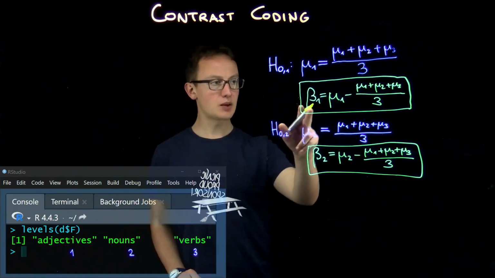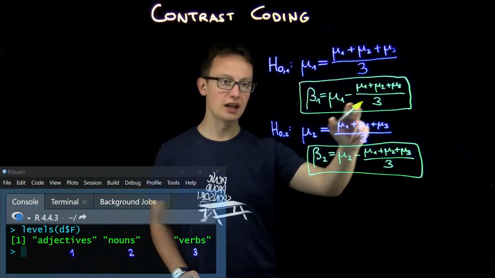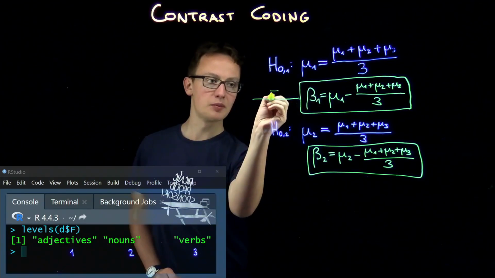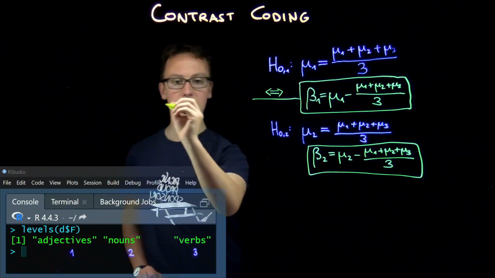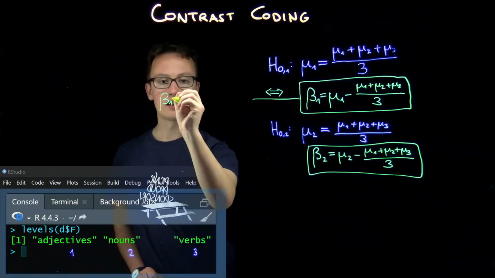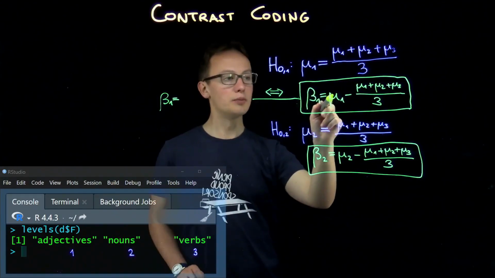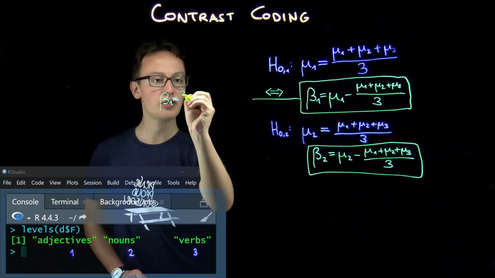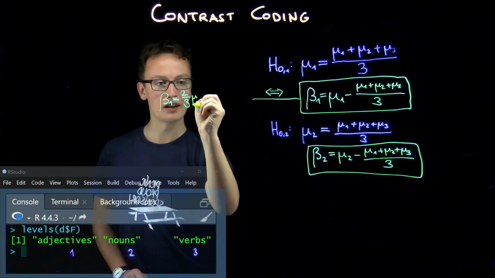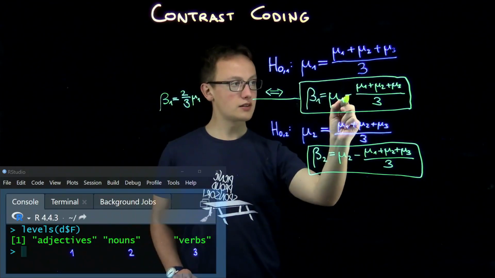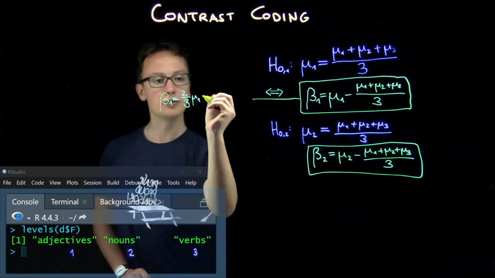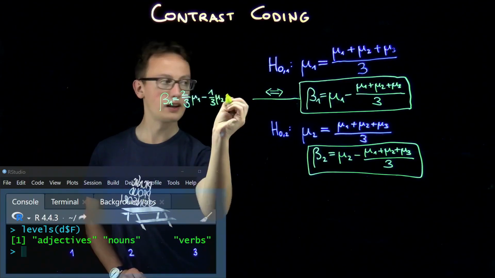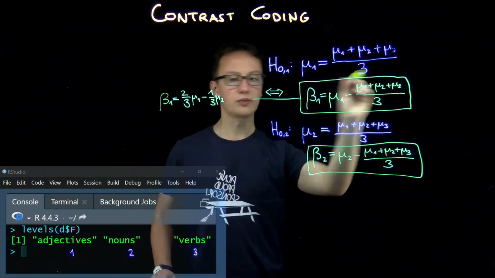Instead of writing beta 1 as mu1 minus the grand mean, I could equivalently, using simple math, write the following: beta 1 is equal to mu1 minus a third of mu1, in other words 2/3 of mu1, minus a third of mu2, so minus 1/3 mu2, and finally also minus a third of mu3, okay?